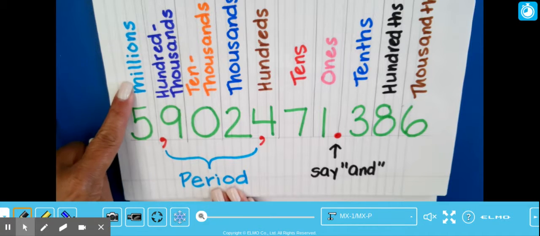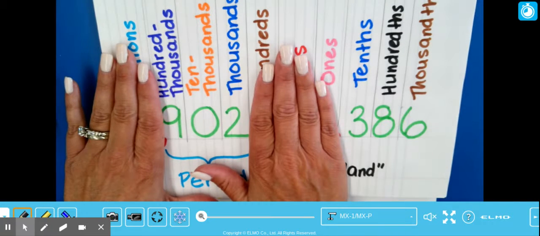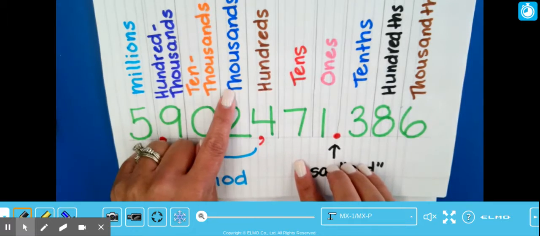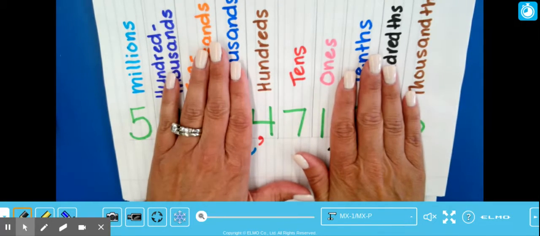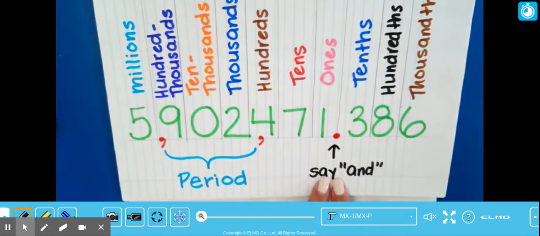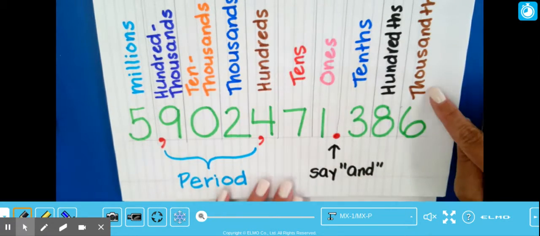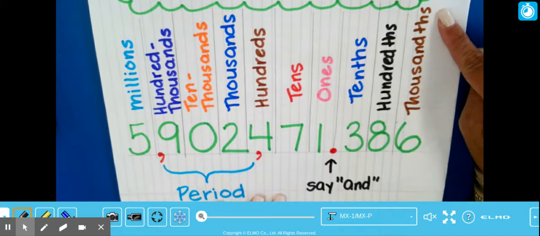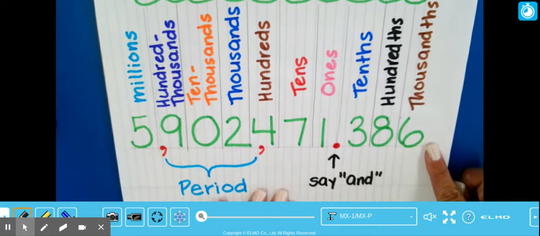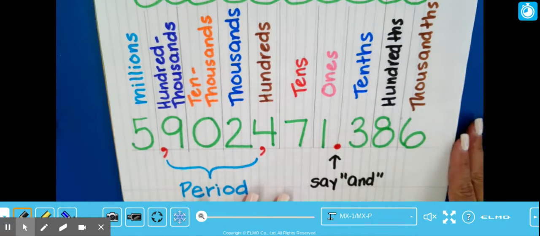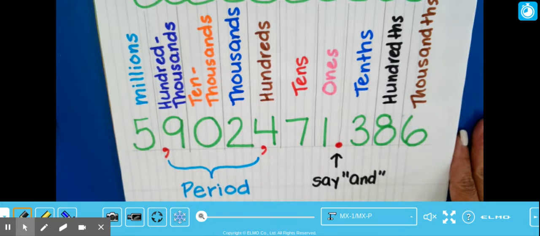So 5,902,471 and 386 thousandths. And we talked about how the decimals are something you're going to be learning a lot more about later in the year and also in 5th grade.